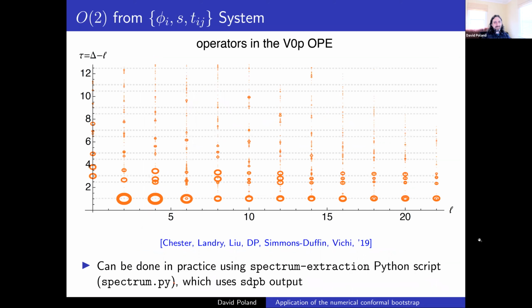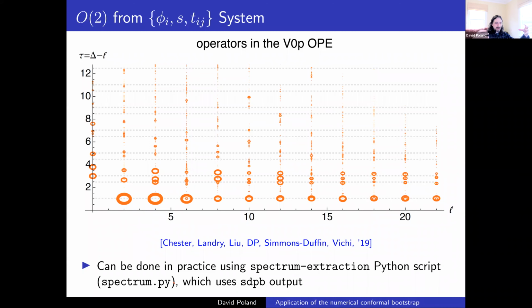When you apply this technique to, say, some extremal functional in the O2 model, you get a whole scattering of operators at different spins, at different scaling dimensions. Here it's shown in terms of twist, scaling dimension minus spin. All these bubbles show the locations of the operators, and the size of the bubble shows, across all the different points that we computed, how often the operator shows up at that value.